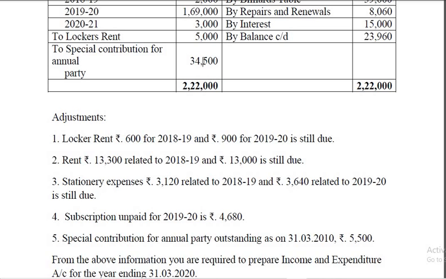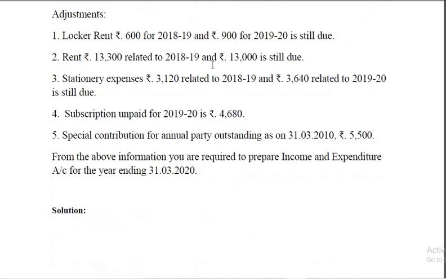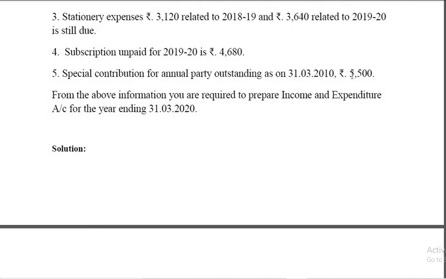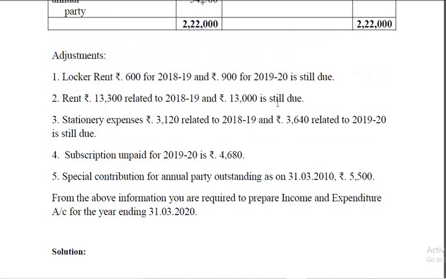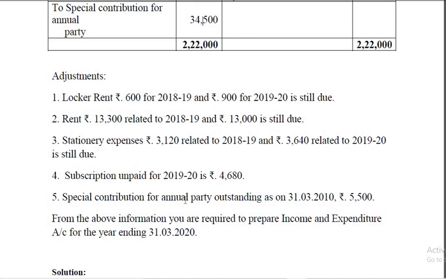It is for a special purpose. If that is the case, that will come to the liability side of the balance sheet. A special fund is created. So to that, this contribution is added, 34,500. And what is outstanding is also added there. Therefore, this is not an item of the income and expenditure account. Okay, that's about these adjustments. So this is not to be treated at all in the income and expenditure account.